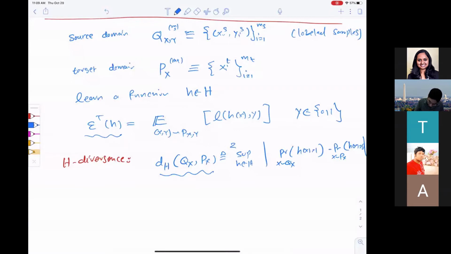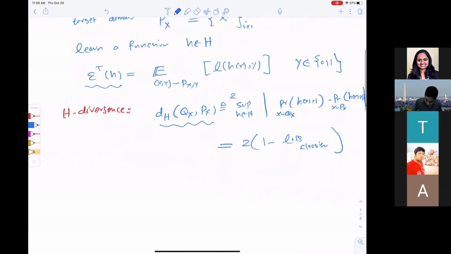So in fact, half of this H divergence is related to the classification loss: 2 times (1 minus the classification loss), if I'm training a classifier to classify source and target distributions. So that's basically the stuff we covered last time.